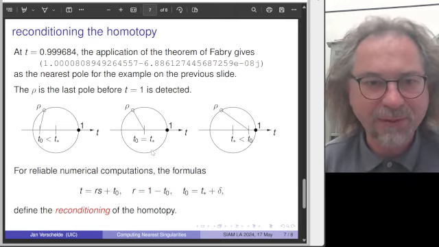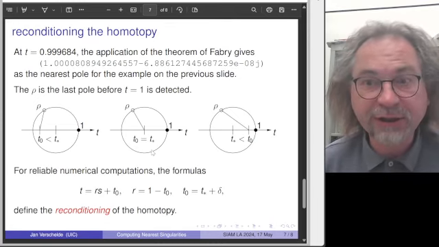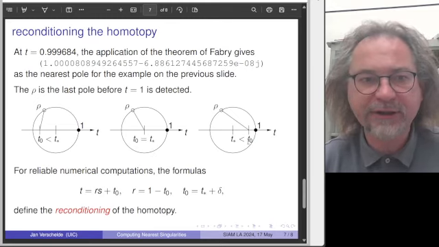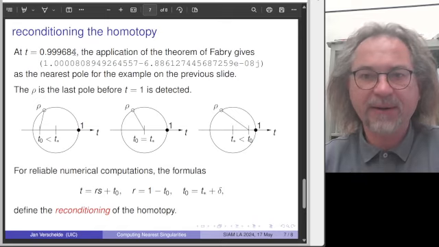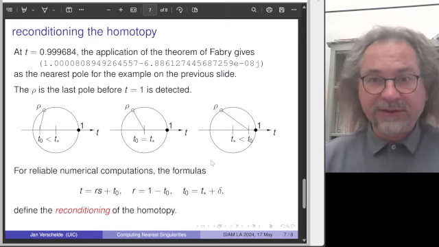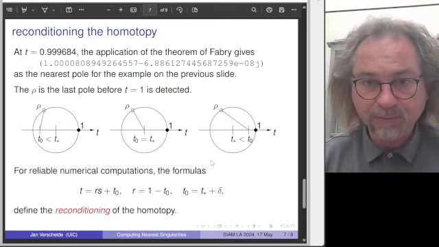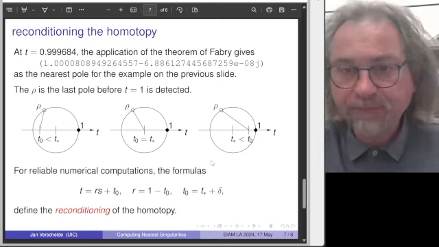We wrote a paper on this. But the point of the slide is the reconditioning of the homotopy. Notice that the t naught here is 0.9999684, and you should rescale that with Taylor series. We always start at 0, and our next point is 1.